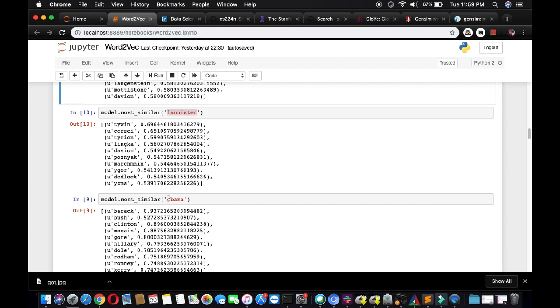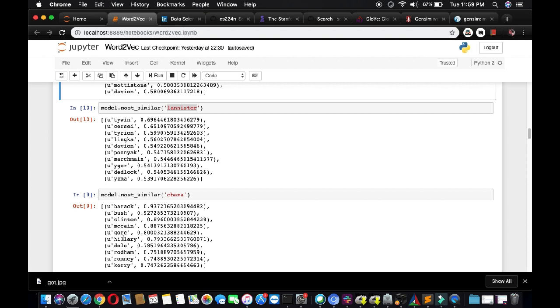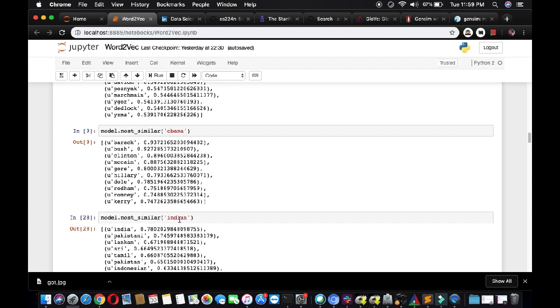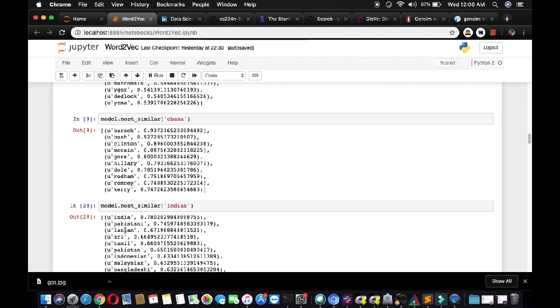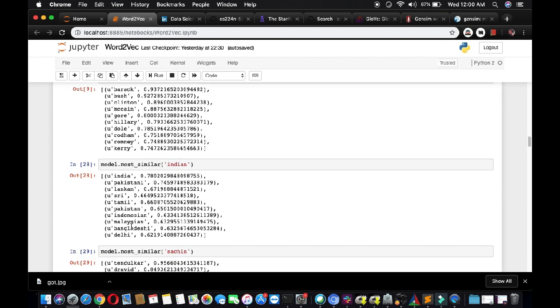When we use Obama, Barack is a very obvious answer: whenever Obama occurs in a sentence, many times Barack will also occur in that same context. Then Bush is there, Clinton, Hillary. In the same way, if we see for Indian, India, Pakistani, Lankan, Sri are there.